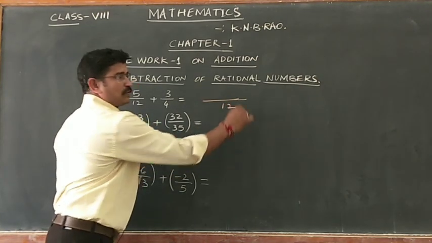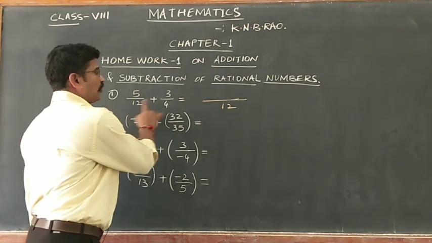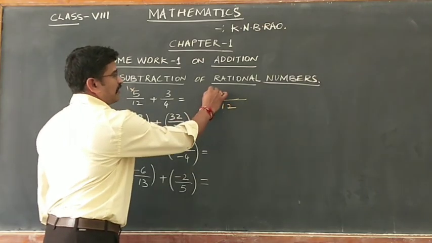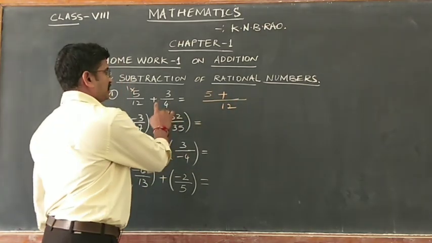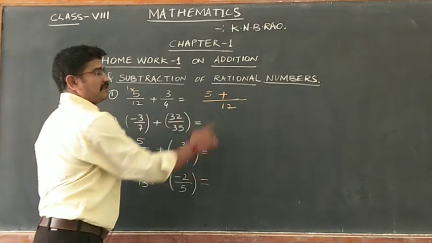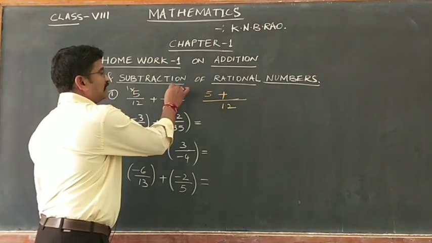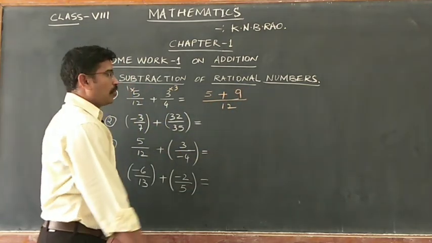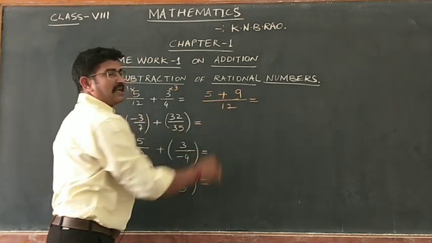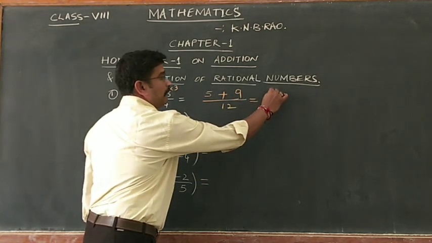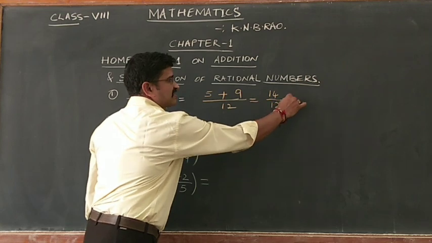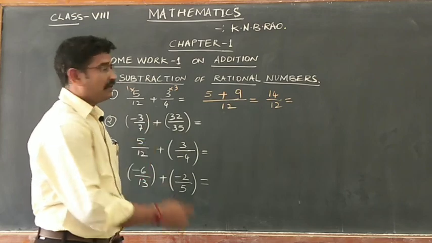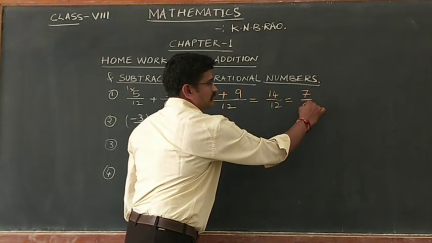So, taking 12 as LCM, 12 in 12 is one time, so 5 is multiplied by 1, 5 ones are 5, plus, because it is addition, 4 in 12 is 3 times, multiplying this 3 by 3, 3 threes are 9. So, the answer is 5 plus 9, 14 upon 12, and simplification of 14 by 12, since it is not in standard form, if you remember, gives 7 upon 6.